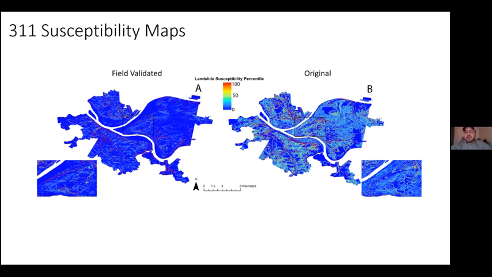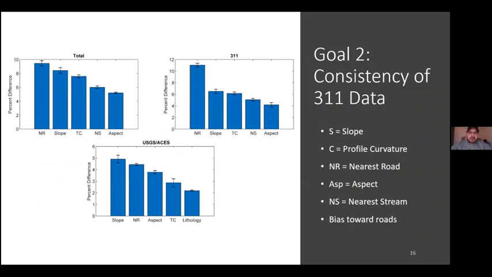As you see on the left, this is the susceptibility map for Pittsburgh that we get when we're dealing with our field validated 311 landslides versus our original, and there are stark differences between the two. So showing that, there is going to be some difference with the uncertainty of this 311 data.